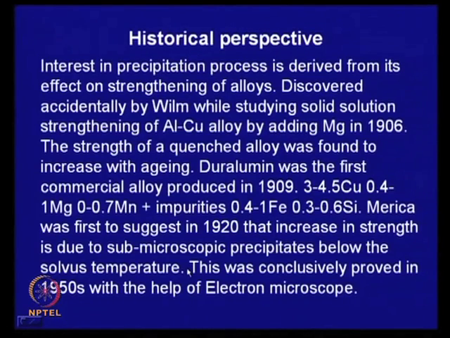He just put this as a postulate, and this was conclusively proved only with the help of the electron microscope when it was available, and the technique of sample preparation and examination of samples in the transmission electron microscope was possible, and this happened in the 1950s.